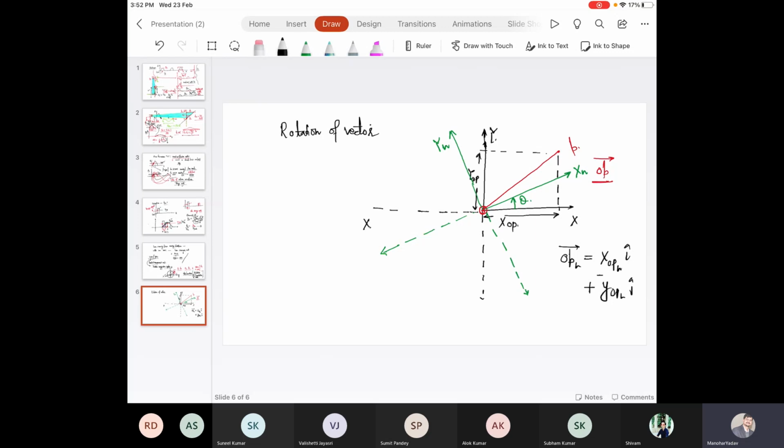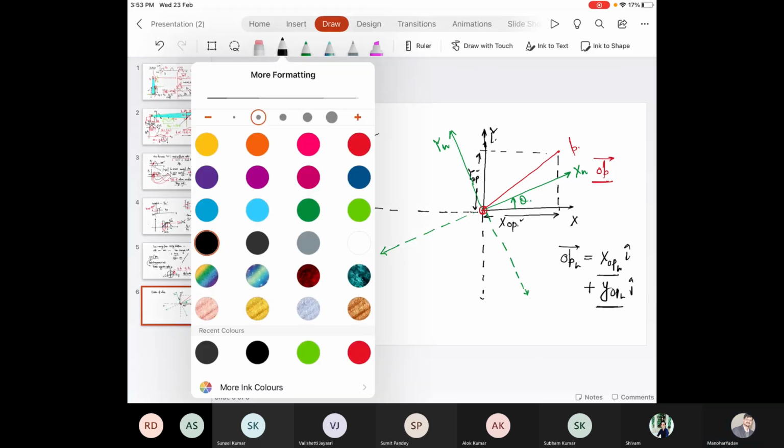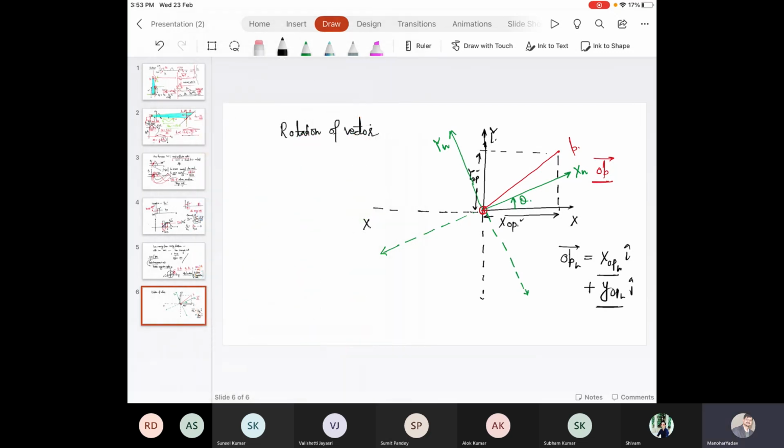How do we calculate XOPN and YOPN, that is the projections on the xn axis and yn axis, using the values of XOP, YOP and angle theta? Just see how we can do it. Consider this.